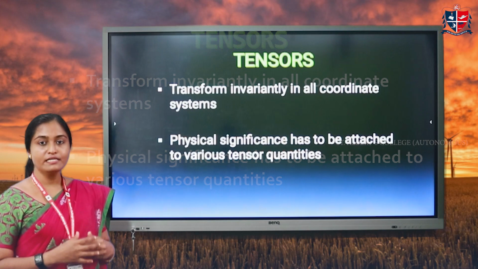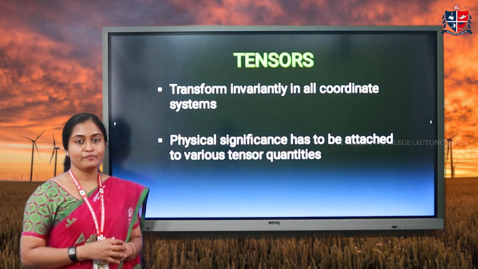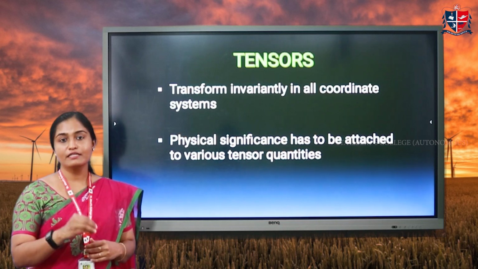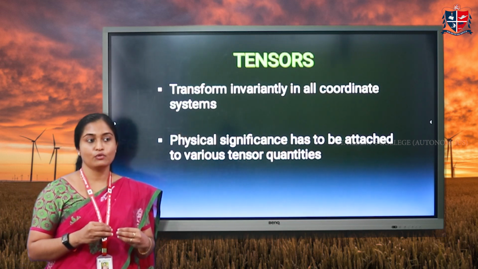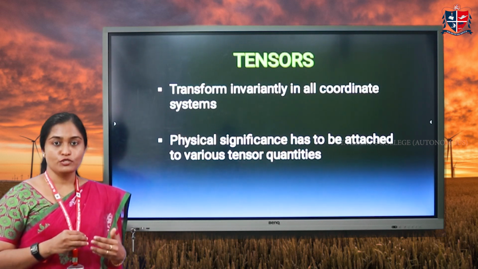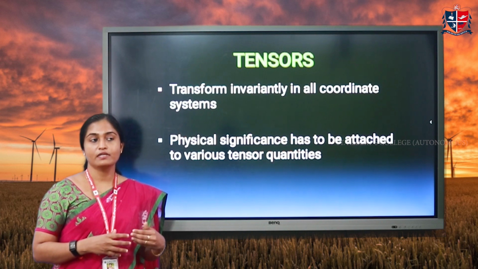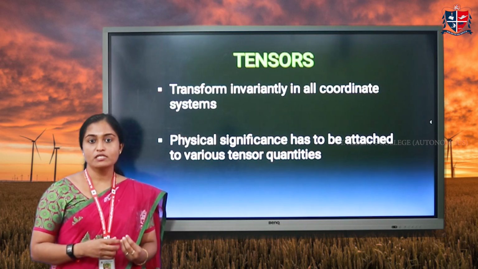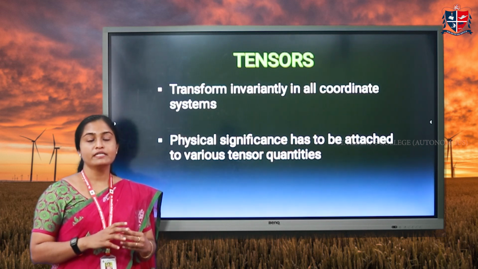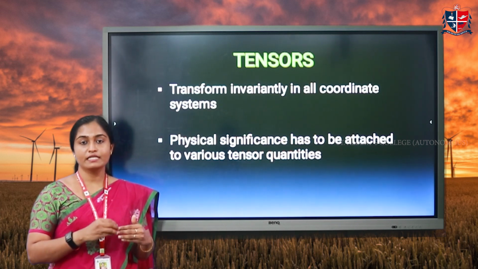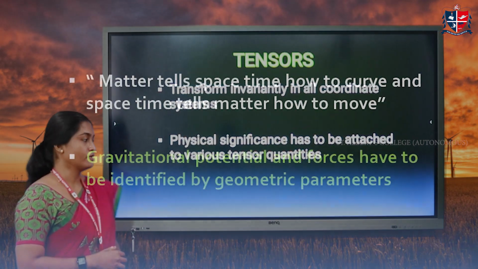Tensors are entities which transform invariantly in all coordinate systems, and we can assign physical significance to each of the tensor quantities. We have a tensor to define curvature in general relativity. We have a metric tensor, we have the Riemann tensor. So to define various physical aspects, we have tensors in GR.